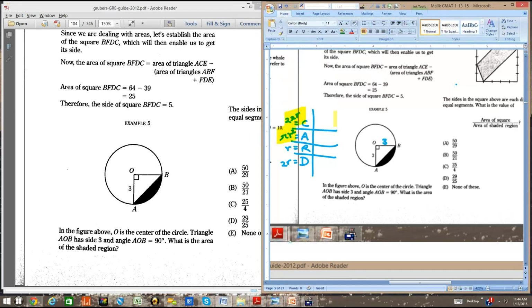Now, the radius is 3. The good thing about CARD is, if you know one thing about a circle, you can find everything else. You just need to find the radius first from that information. If you know circumference, you can use the formula to find the radius.